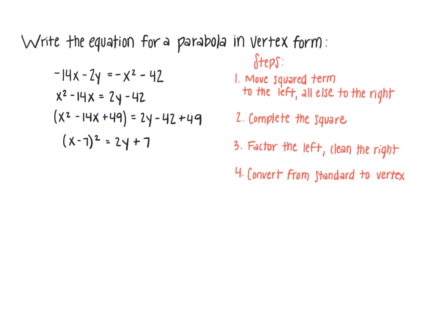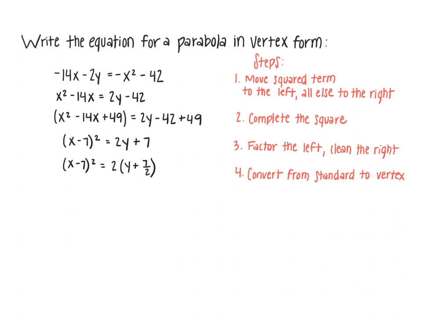And then finally, I'm going to convert from standard form to vertex form. The way that we're going to do that here is we want to get the value that's not squared by itself. In this situation, y is not squared, so y needs to be by itself. So let me first start by factoring out a 2 to get y by itself. I have (x minus 7) squared equals 2 times (y plus 7 over 2).